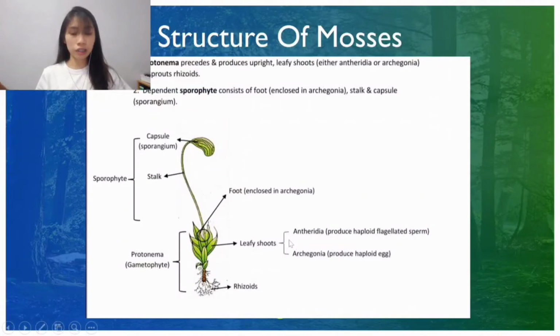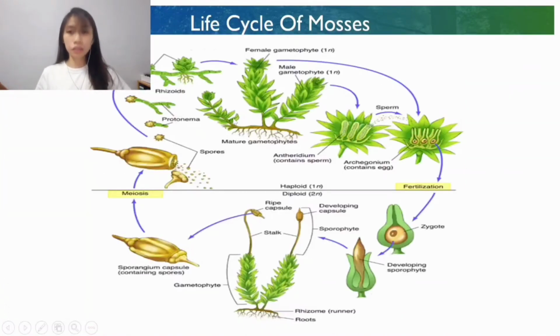The antheridia is the male gametophyte, which will produce haploid flagellated sperm, and the archegonia is the female gametophyte, which will produce a haploid egg. As for the sporophyte, they will have foot, stalk, and capsule. Capsule is the place where sporangium is contained, and this foot we can't really see from here as it is enclosed in archegonia. So this is the life cycle for mosses.